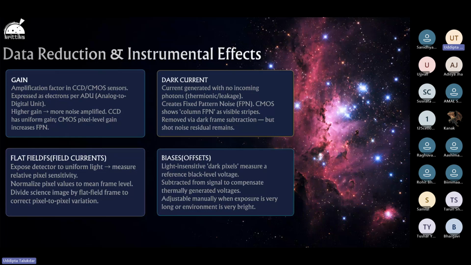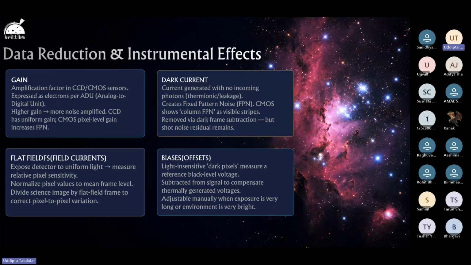Now the fundamental problem here is that higher gain amplifies your signal. It does that, but it also amplifies noise. CCDs have one gain value for the whole chip, clean and uniform. And if you remember the concepts from the first session, CMOS has electronics for each and every single pixel.